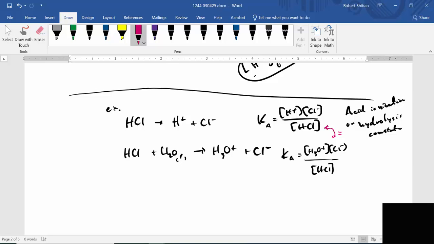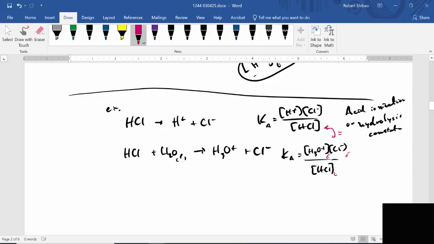Now we have bases, but actually we have a table of Ka values. If we look at the Ka value here, if HCl ionizes 100%, what's my equilibrium concentration of HCl? If this ionizes 100%, then I ionize all of it.